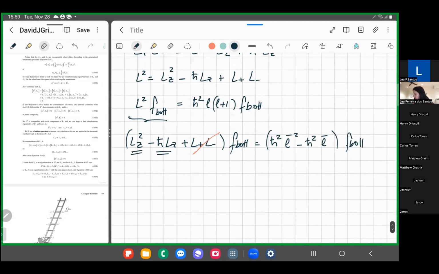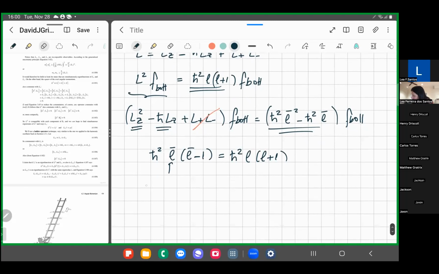So then we found that this side here, I'm going to write as ħ squared L bar times L bar minus 1 is equal to that one, because that's the one that we said is always the same. Okay, so now we have a way to find what this L bar is. There are two possibilities for this equation to be true.